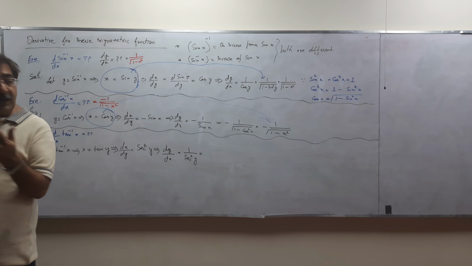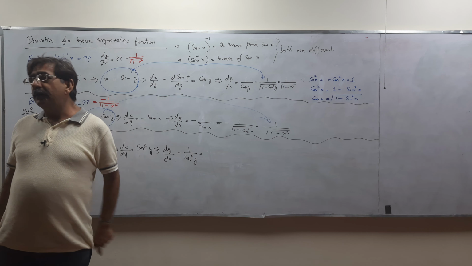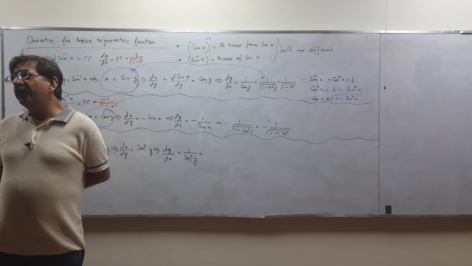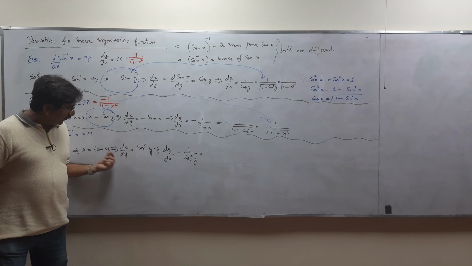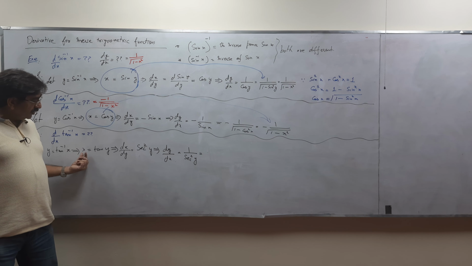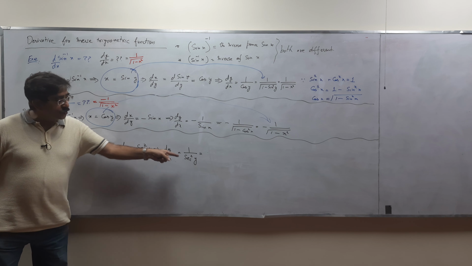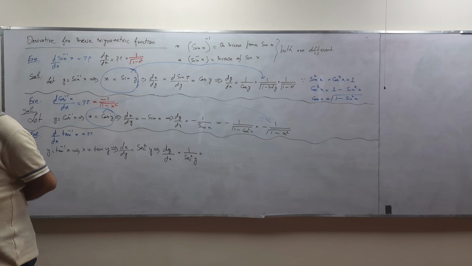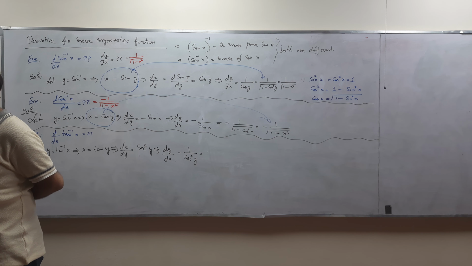If I convert it into secant in terms of cos, then it will be useless, because I have to convert it into x. I just know that x is equal to tan y, so I have to convert secant into tan. Then we may get a useful result.